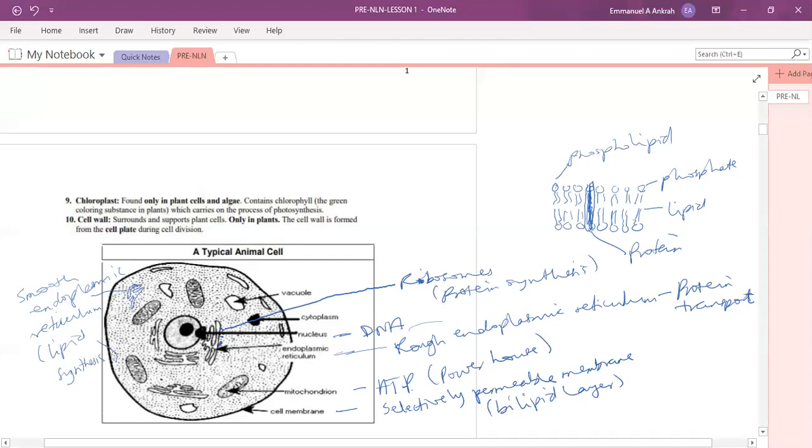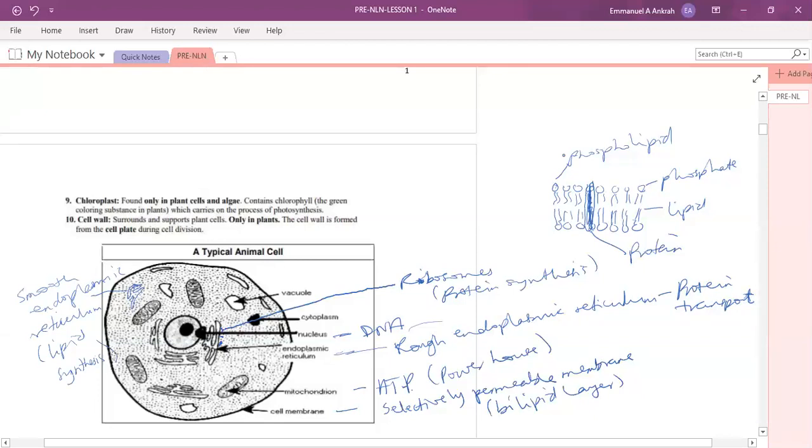So on the test, you could have a question like, somebody was looking under the microscope, and the person noticed that the cell has a lot of smooth endoplasmic reticulum. What is the likely function of this cell? Right, then you have the options.